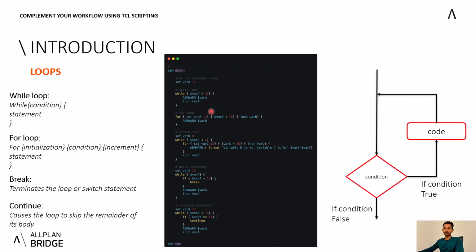And for the for loop, we have a for statement, basically an initialization, a given condition check, and an increment. So it's similar to the while loop. Of course, you can also nest loops, so we can have one loop under the other. Here we have a var d, which starts from 0 till it goes to 4. We have an increment here, so it goes 0, 1, 2, 3.